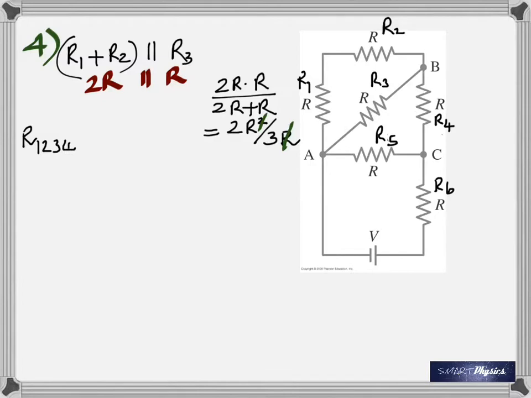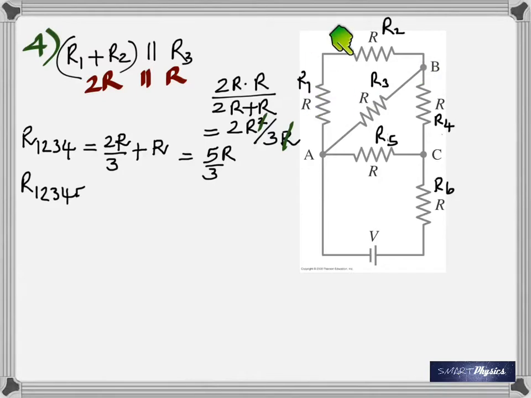Now to find the total of 1, 2, 3, 4, this total is simply added to R4. Why? Because that combination is in series with R4, the same current that flows through this. Because remember that the current that split here into two, of course, recombined here, didn't it?